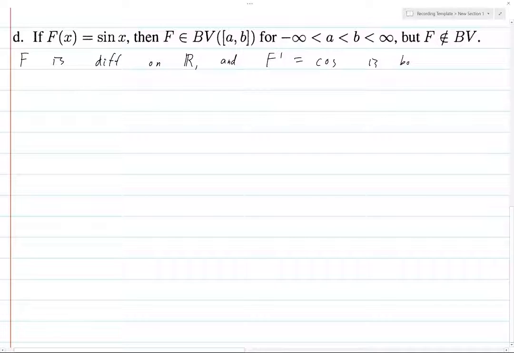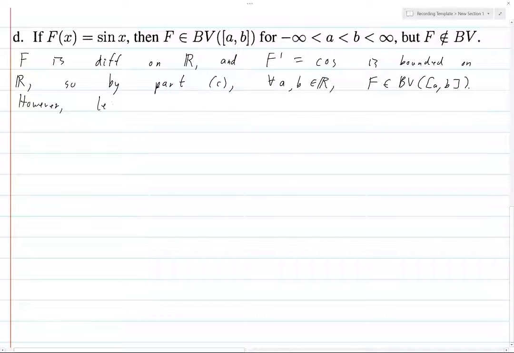But this is bounded on R. So by part c, which we just did, we know that for all a and b in R, f must be in BV[a,b]. So that's that part.